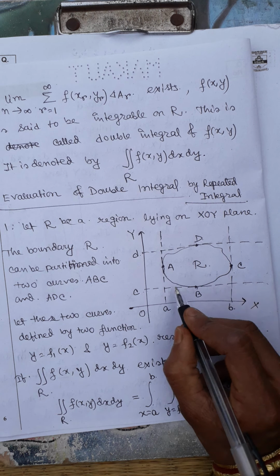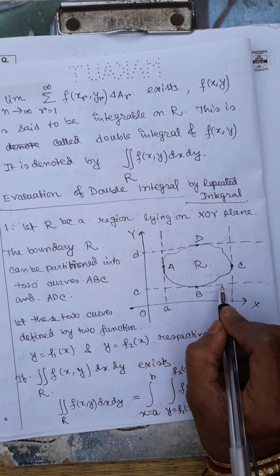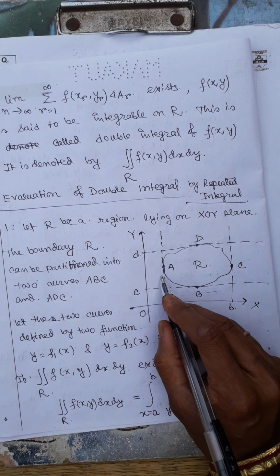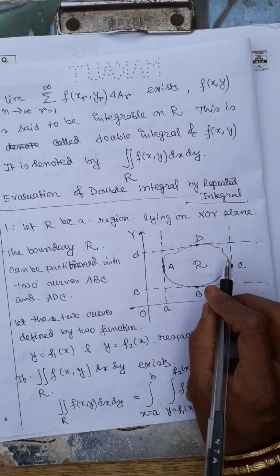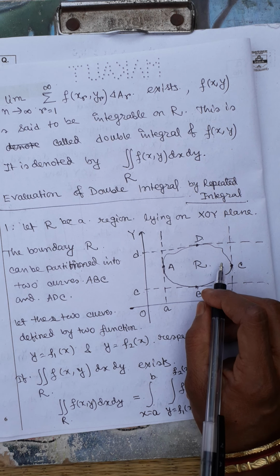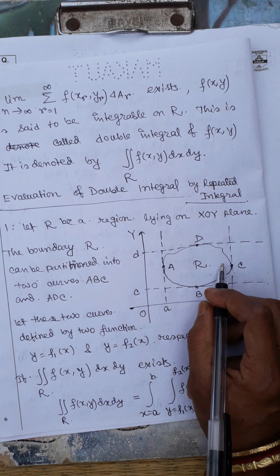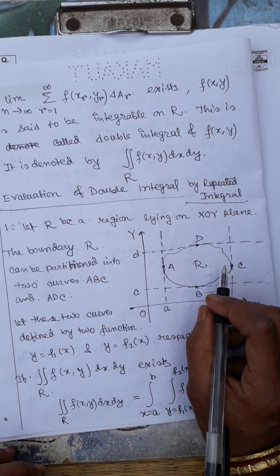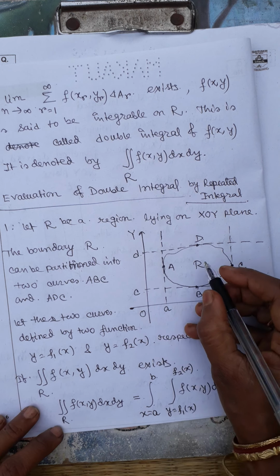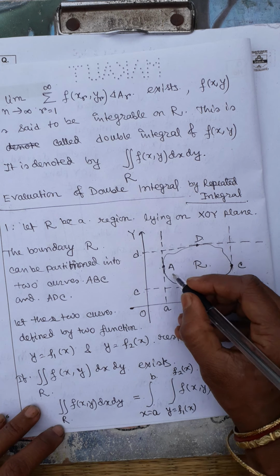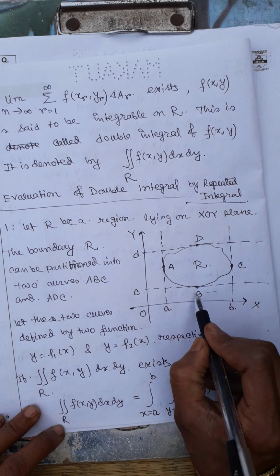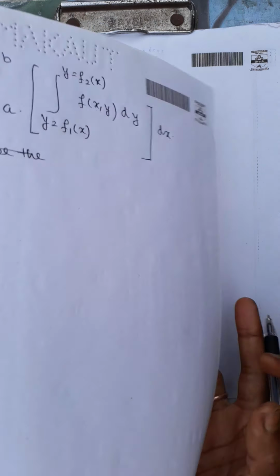That means here also the line parallel to the x-axis touches the region at most 2 points. So here the boundary of R can be partitioned into two curves, DAB and DCA.